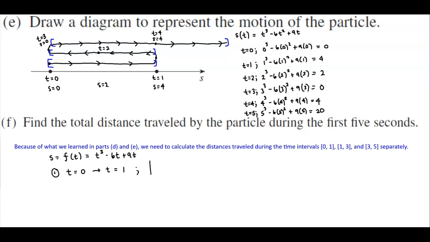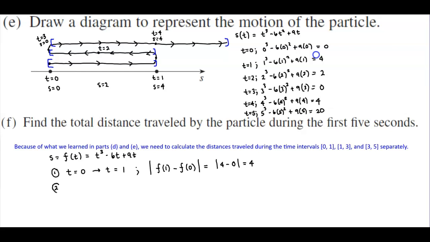That means the absolute value of f of 1 minus f of 0. We found up here that when we inputted 1, we got 4, and when we plugged in 0, we got 0. So the absolute value of 4 minus 0 is equal to 4.